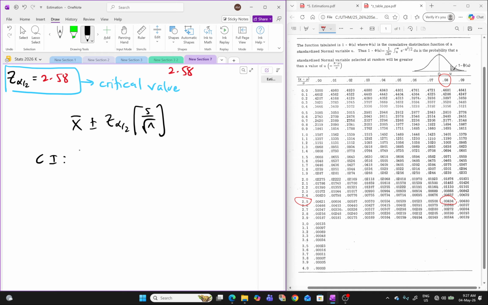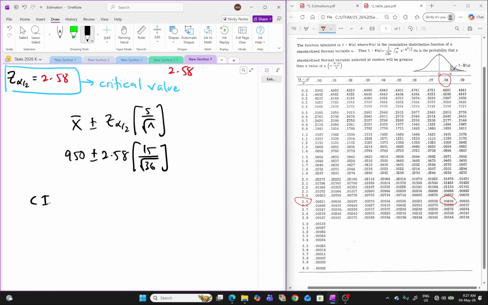So what would be the confidence interval? Sebelum tu kita masukkanlah. Mean is what? Mean is 950. What was our critical value? 2.58. What is our S? 15. Square root of sample size.